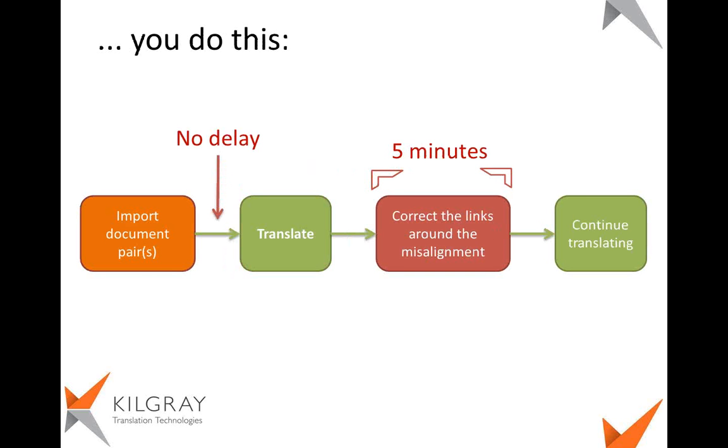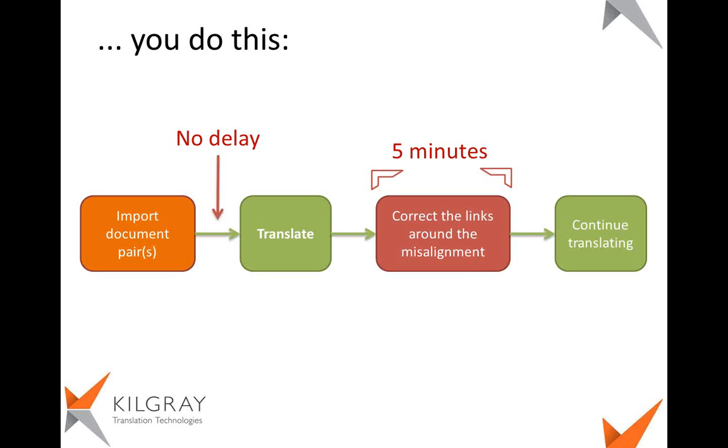But here, when you are using a LiveDocs corpus, you can start translating right after importing the document pair. And then you start getting matches, and then you correct the links around the misalignment, and only around the misalignment. That means that you correct only those segment pairs that you know are useful because they have appeared as matches for you.